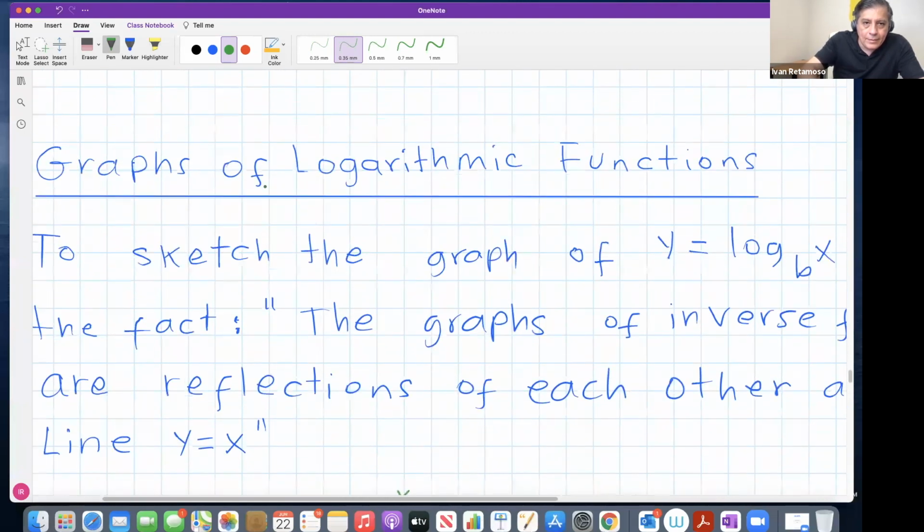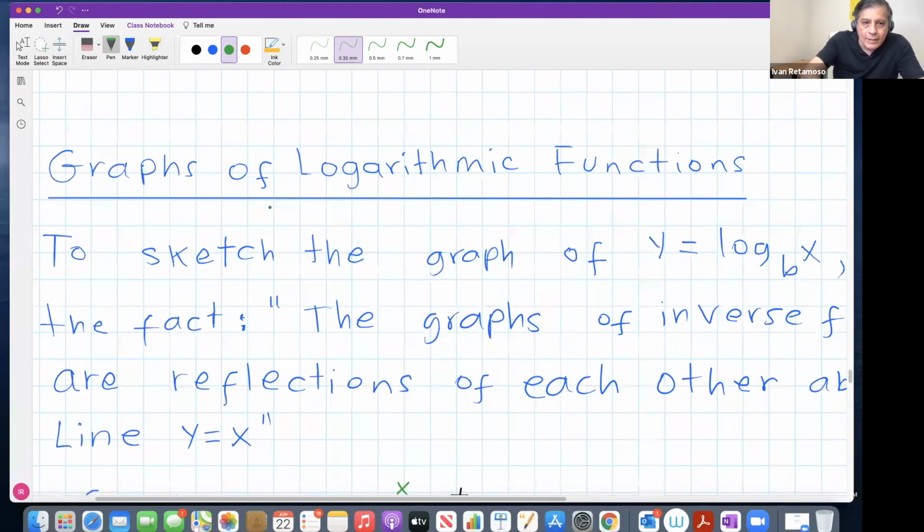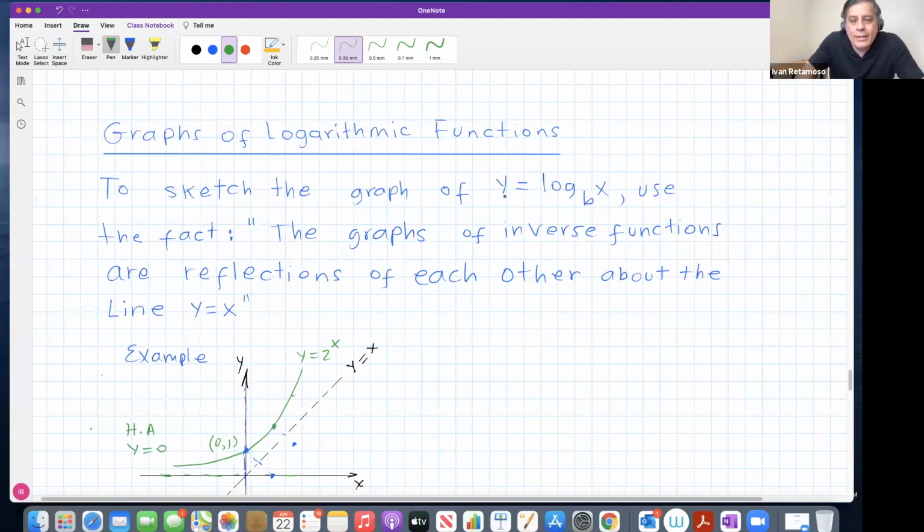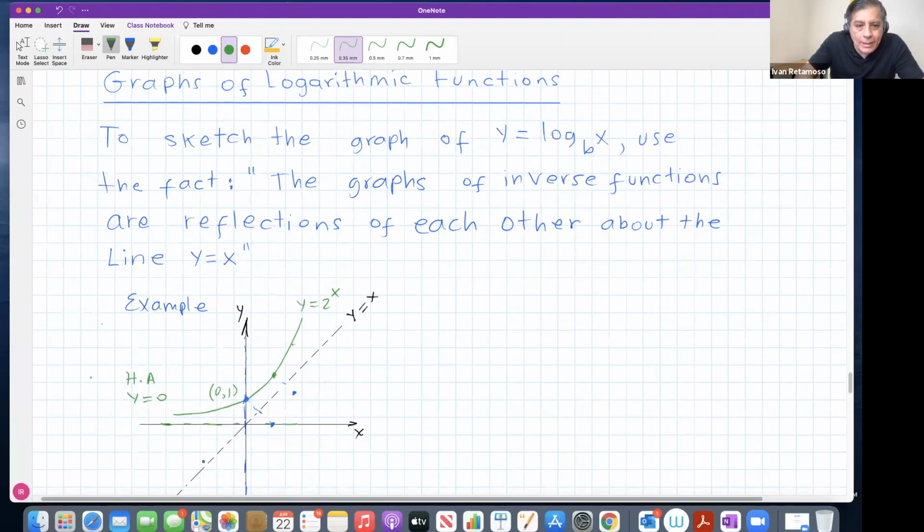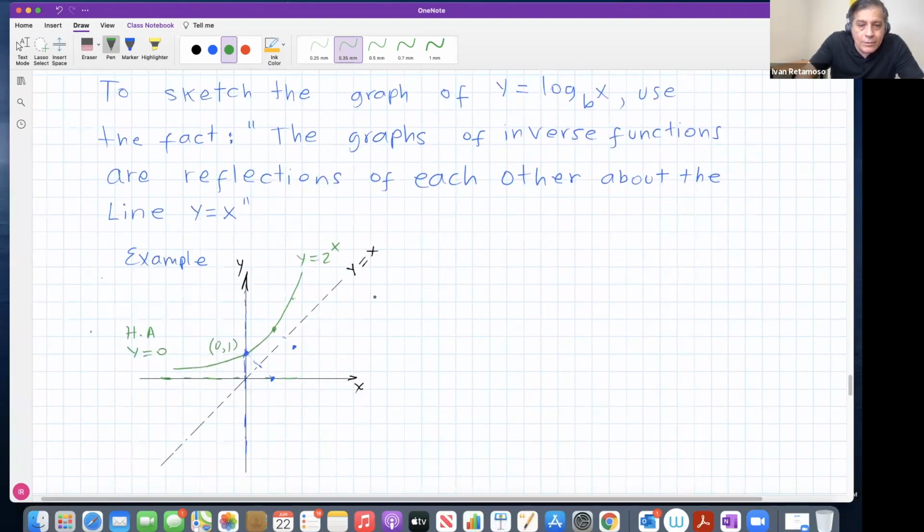Graphs of logarithmic functions. To sketch the graph of y equals log base b of x, use the fact that the graphs of inverse functions are reflections of each other about the line y equals x. Remember, the graph of a given function and the graph of its inverse function are reflections of each other about this diagonal line y equals x.